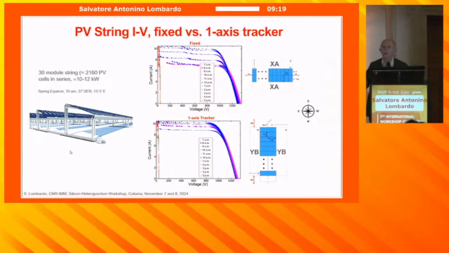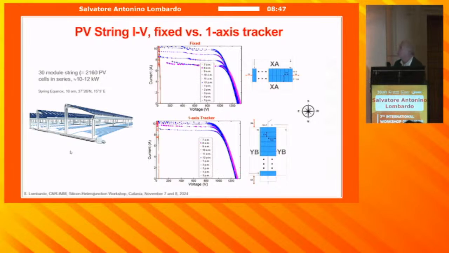Okay, then let's see what happens in a string. In a string, the problem is even worse. And this is a calculation again. We are simply assuming that the cells are exactly all the same, but you can see that the fill factor of the string is very far from 100% or 80%, and this is simply because of the spread of the light collected from the backside of each module, actually of each cell.